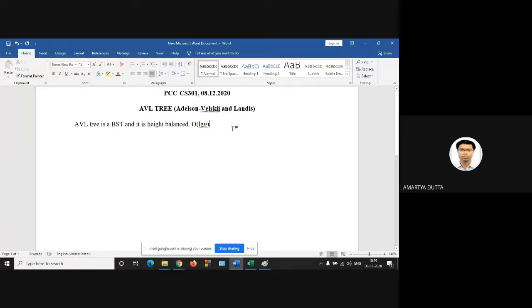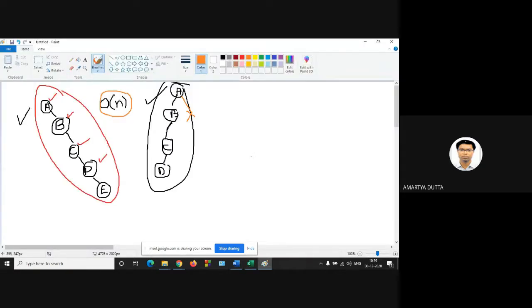Now, what is a balance factor? You have to define the balance factor. Let this be a binary search tree. Let A be the root, this is B, here this is another node, the right child C. Please follow it carefully.